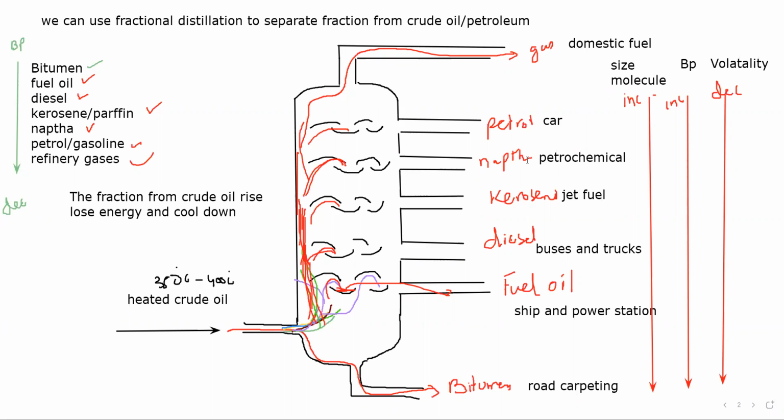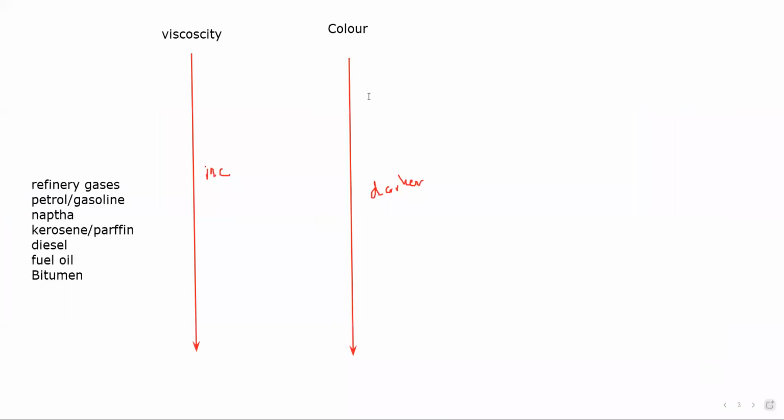Which fractions do you think have greater or multiple uses? Like which are the more useful fractions here? Bitumen or petrol, naphtha? Which fraction has a greater number and variety of uses? The fractions with lower carbon number are more useful than the fractions of higher carbon number.